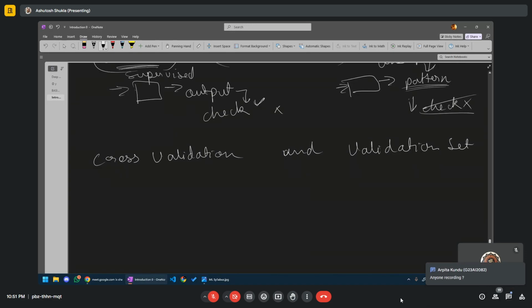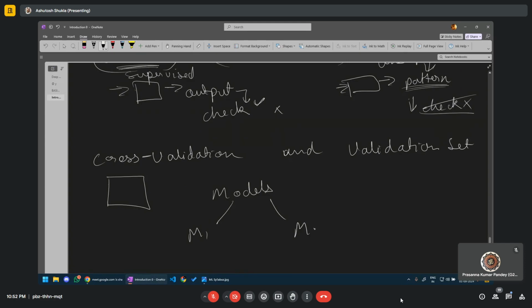When it comes to cross validation, it involves, let's say, a lot of data, and multiple models being trained on the same set. So this time, models M1 and M2 are different.